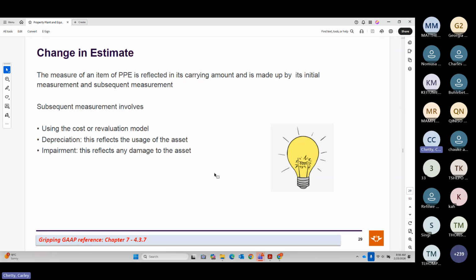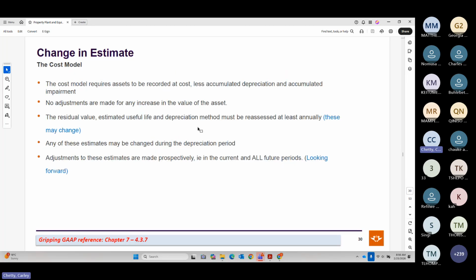The depreciation reflects the usage of the asset, while the impairment reflects any damage to the asset. The cost model requires an asset to be recorded at cost, less accumulated depreciation and accumulated impairments. No adjustments are made for increases in the value of the asset.